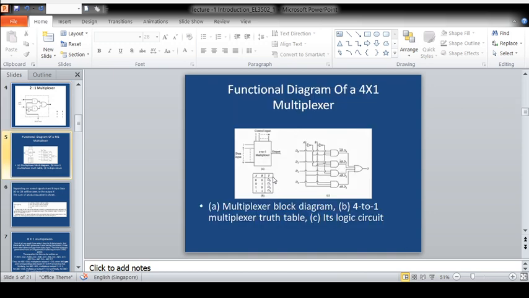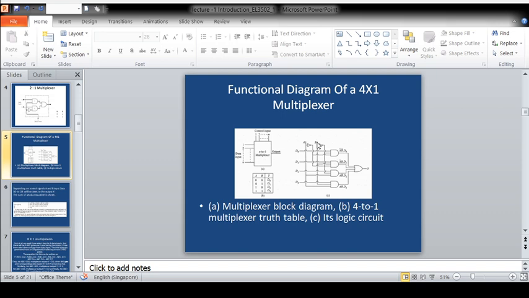Then how to prepare a 4 to 1 multiplexer? In the circuit, how many AND gates are required? With each input, you require 1 AND gate. So for a 4 to 1 multiplexer, 4 AND gates are required, followed by an OR gate.